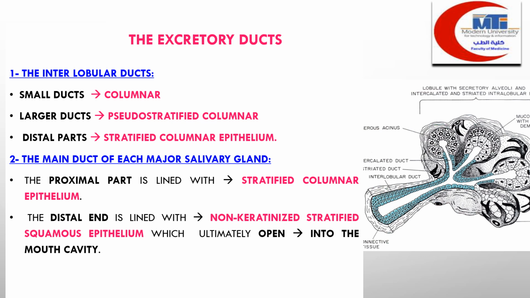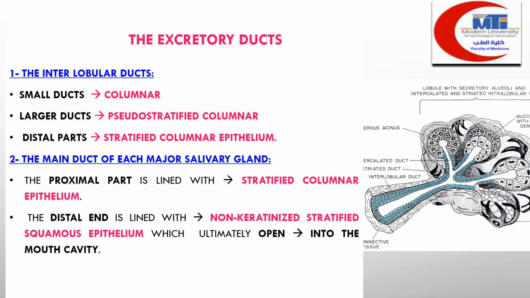We mentioned that the smallest ducts, which are the intercalated ducts, are lined by small or low cuboidal epithelial cells. Then the striated ducts are lined by cuboidal to columnar epithelial cells.